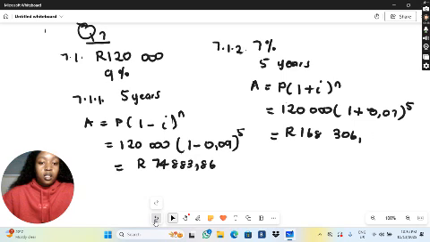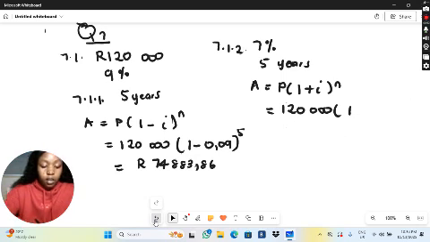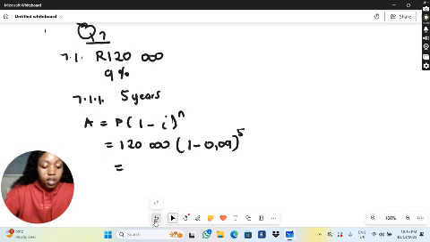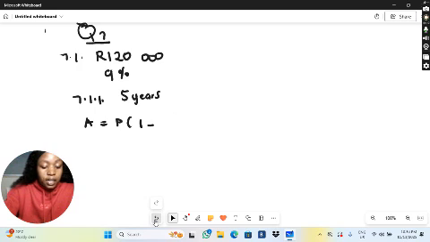So that's it. Then we go to 7.1.3. The business estimates that it will need approximately 90,000 by the end of 5 years. A sinking fund for approximately 90,000 into which equal monthly installments must be paid is set up.